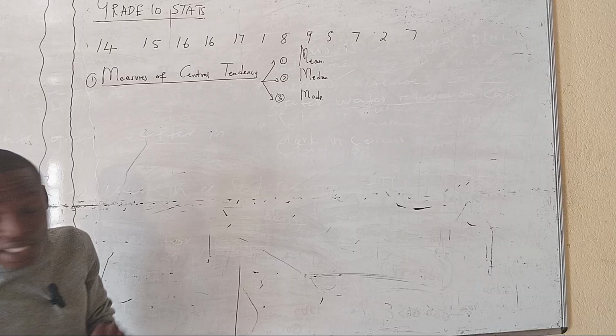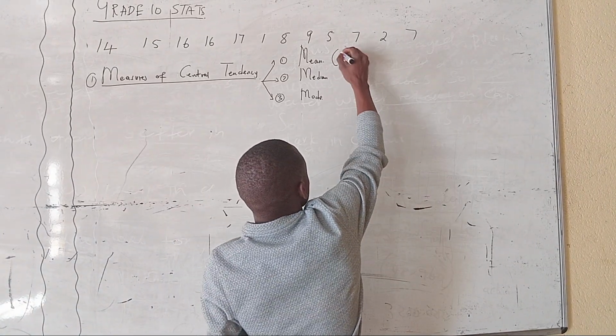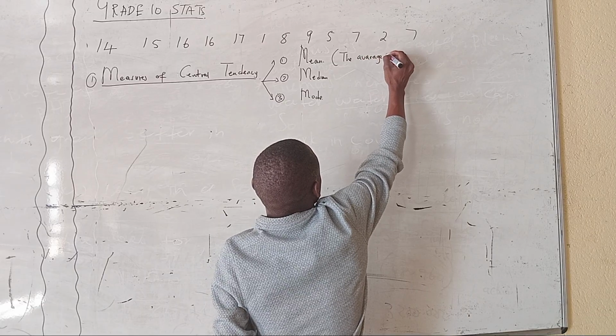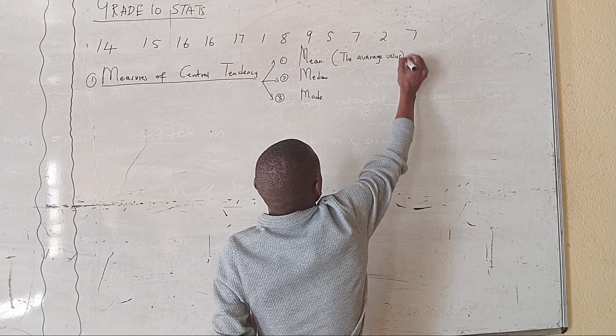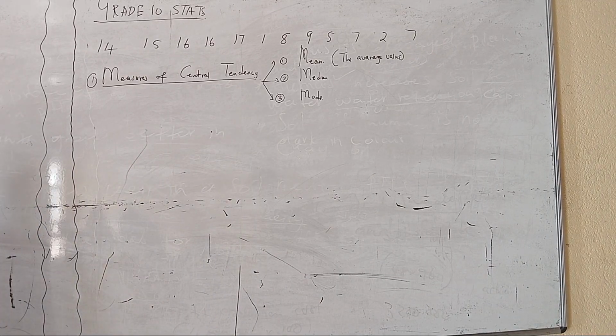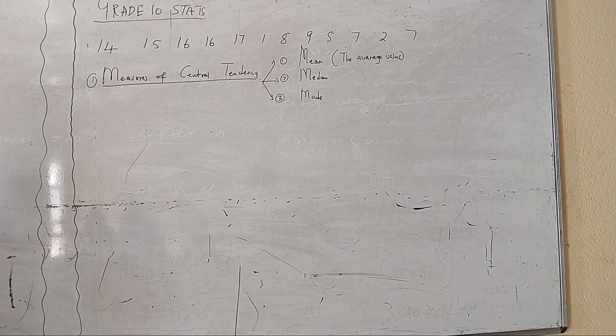The mean is also called the average value. So the first thing that I want us to calculate is the mean, which is one of the measures of central tendency.